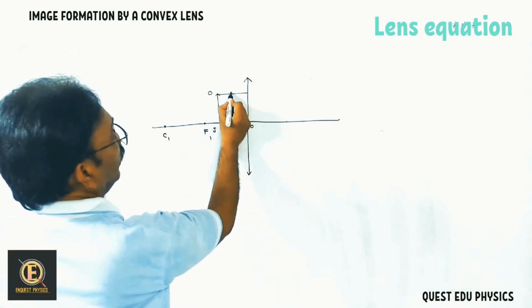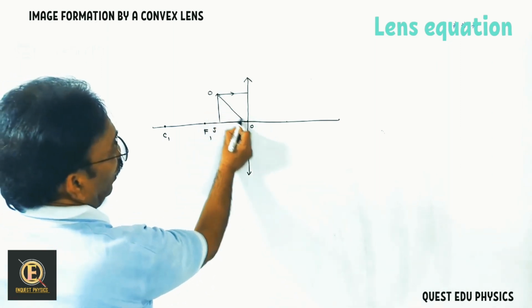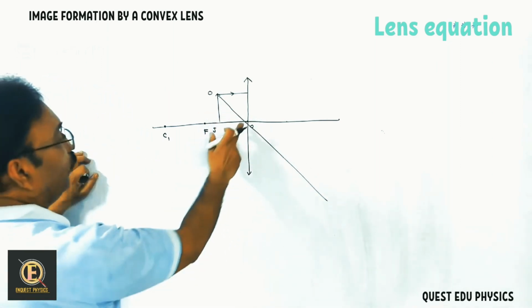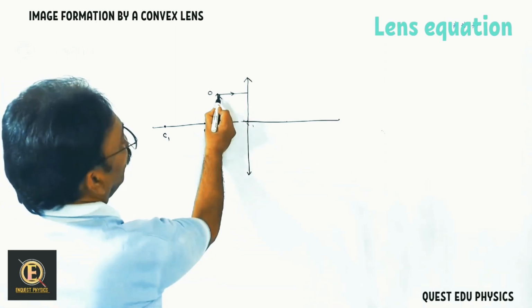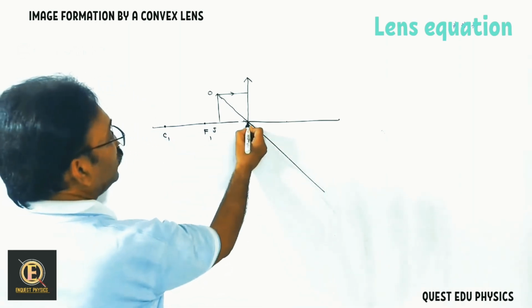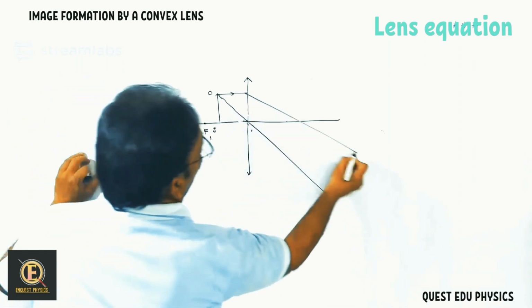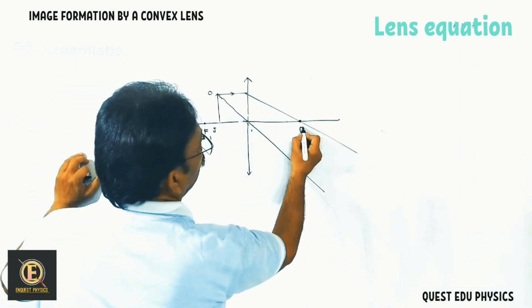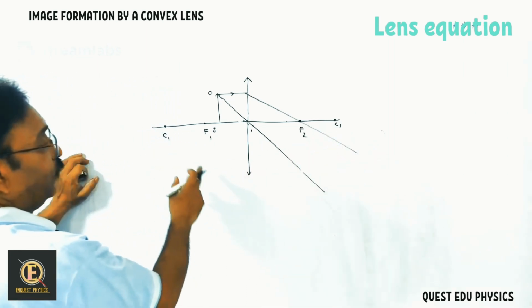Obviously, one ray has to be taken parallel to the principal axis, and one ray has to move through the center of curvature.